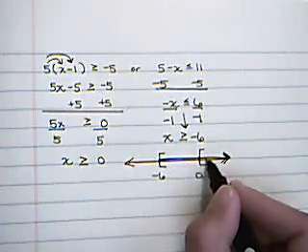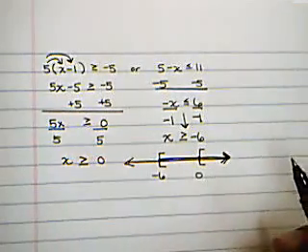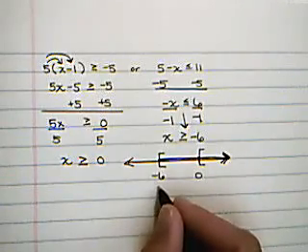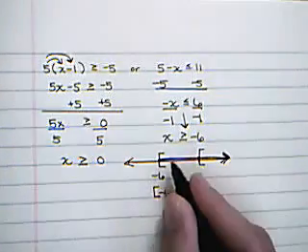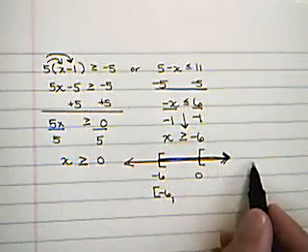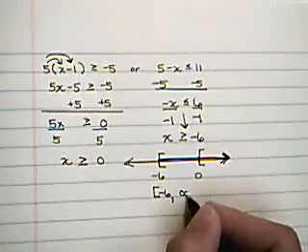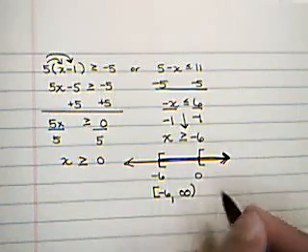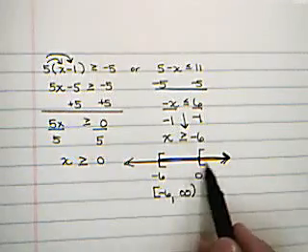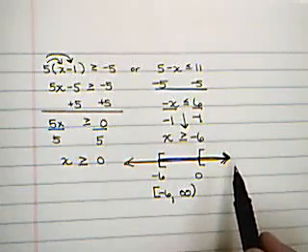So as far as shading is concerned, if we were going to write our interval notation, we would write it as negative 6, because that's the furthest number shaded to the left, comma, shading occurs all the way through positive infinity, and again we would have a parenthesis right at the end of the infinity. We do not have a break in the graph, so we do not have a union.